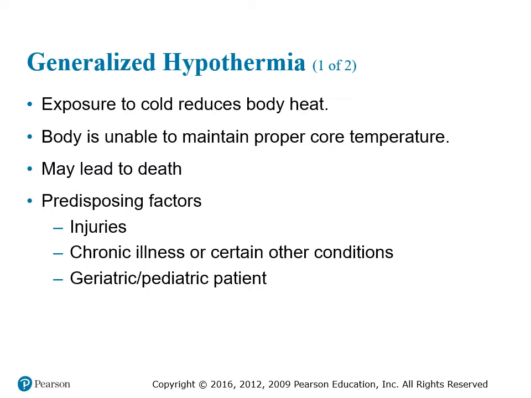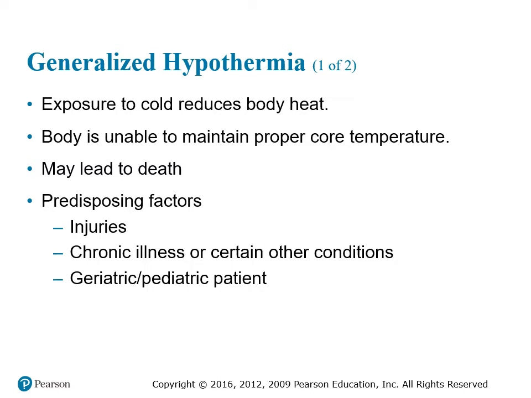Exposure to cold does this, and somebody can lose body heat through any of the 5 methods that we just discussed. When somebody has hypothermia, their body is not able to regulate their temperature properly in order to maintain that normal core temperature that we have. If it gets really bad, it can definitely kill you.